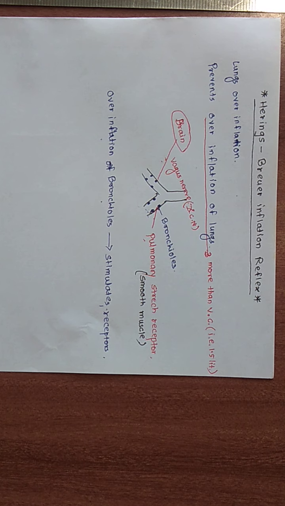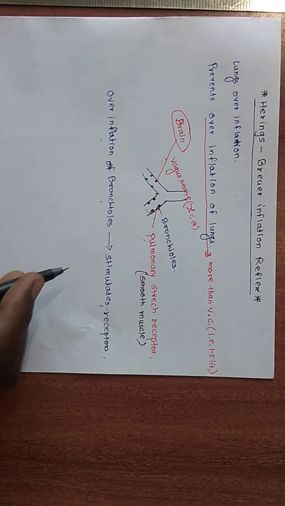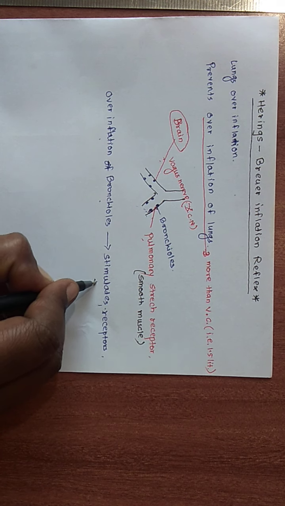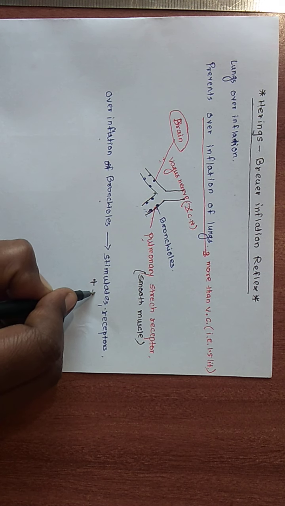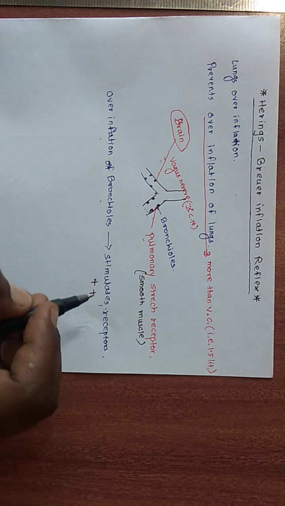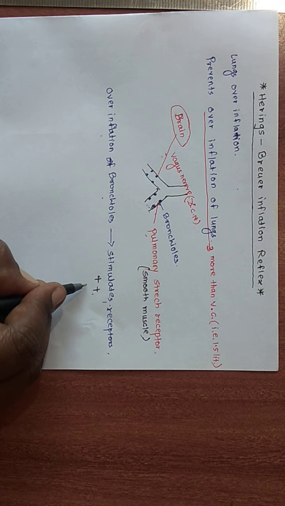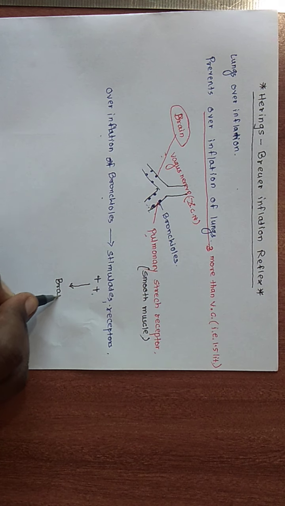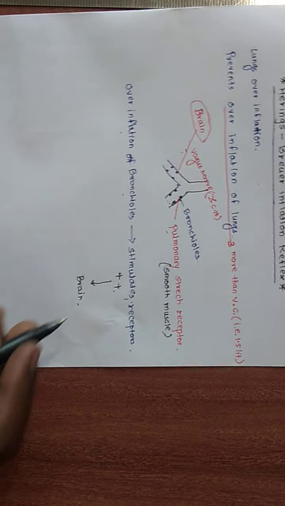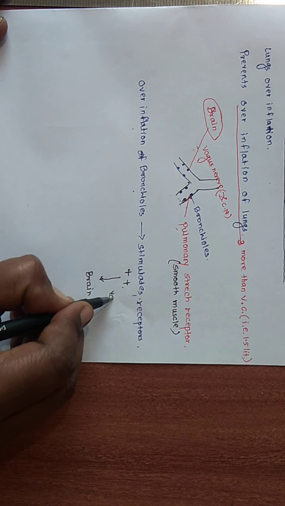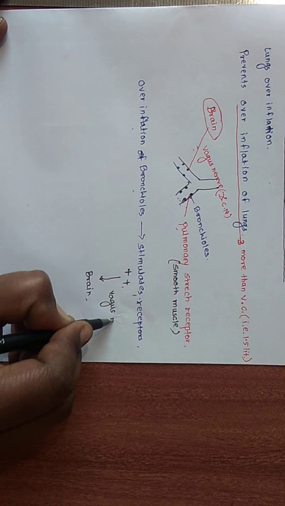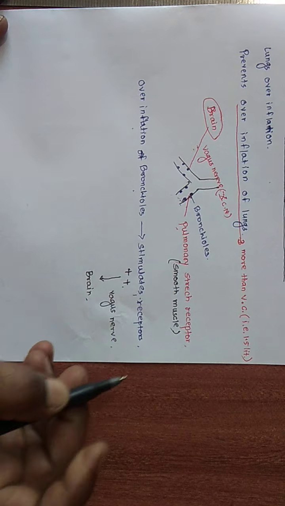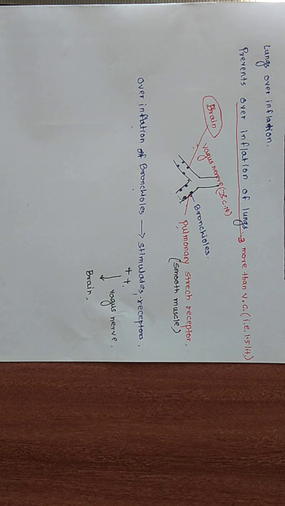Okay, and it carries the action potential towards the brain via the vagus nerve. The vagus nerve carries this action potential towards the brain.